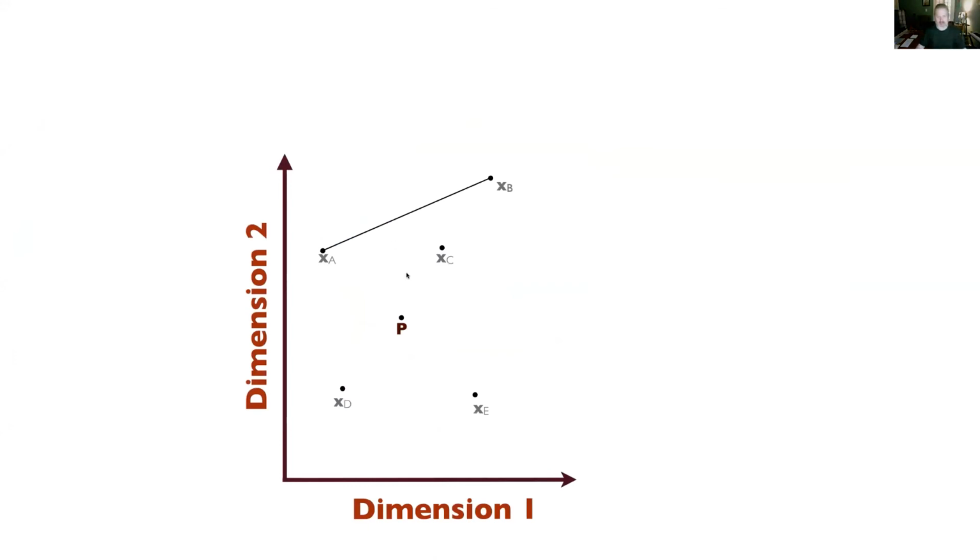I didn't ask you about this, but if P was on this line, you would see their indifference curves would be tangent to one another. And because I'm using a drawing program and not a mathematical program, I don't have time to redraw all that. But if this proposal was here and we drew B's indifference curve and A's indifference curve, you would see that there would be no overlap.